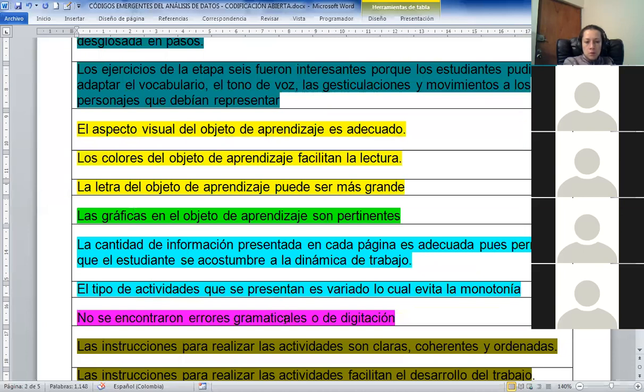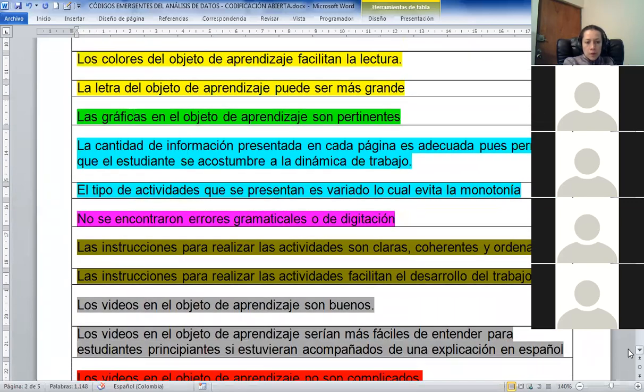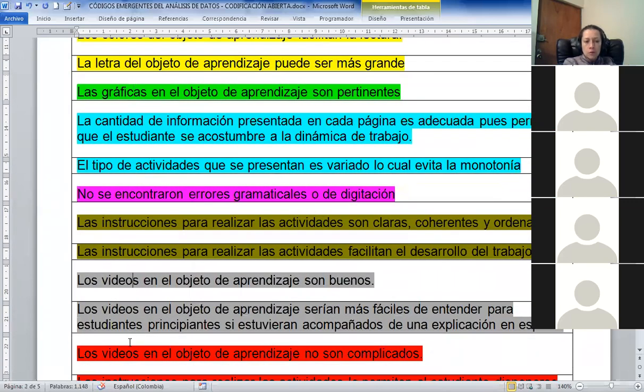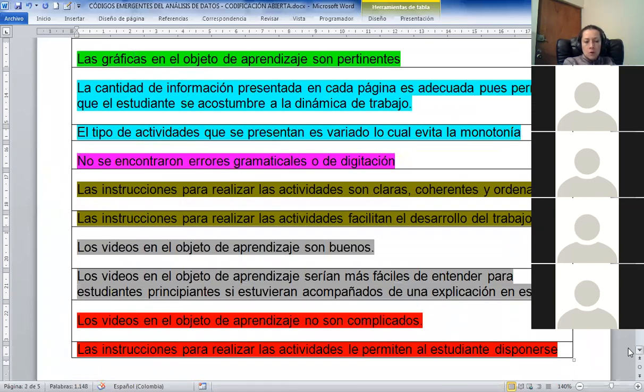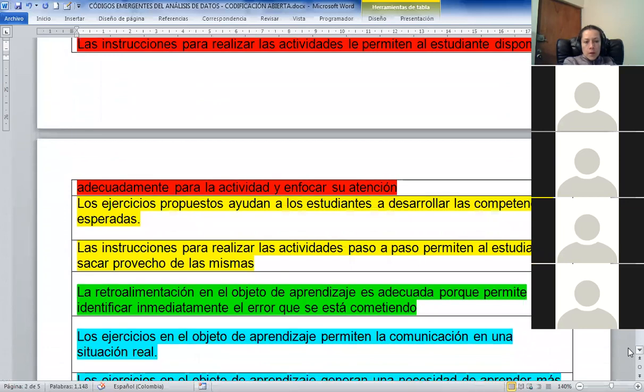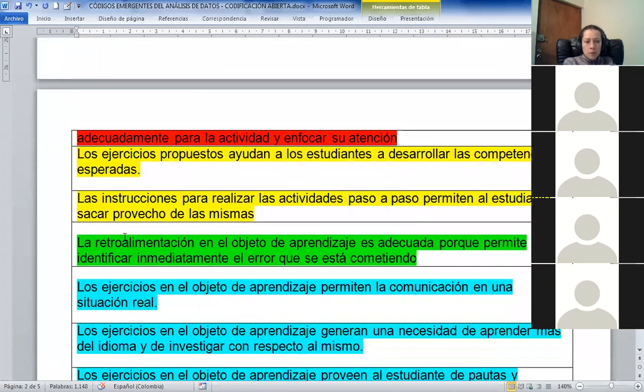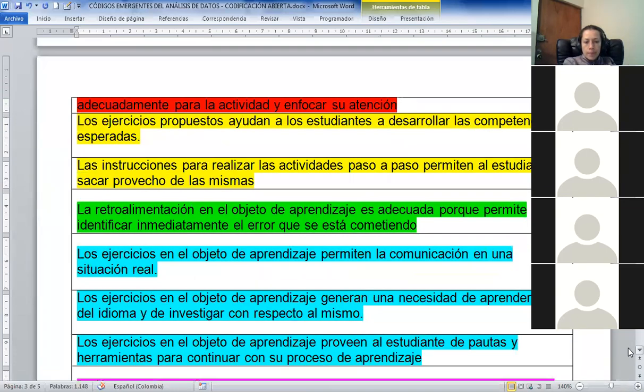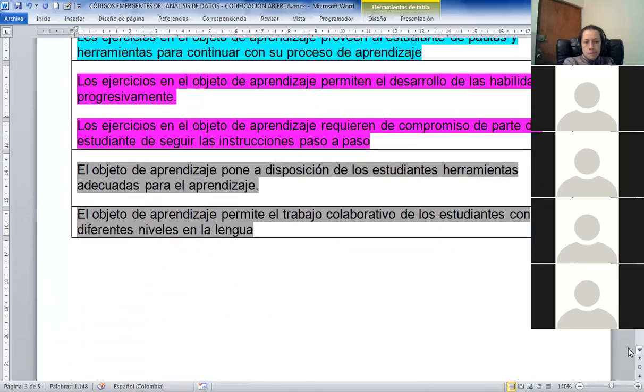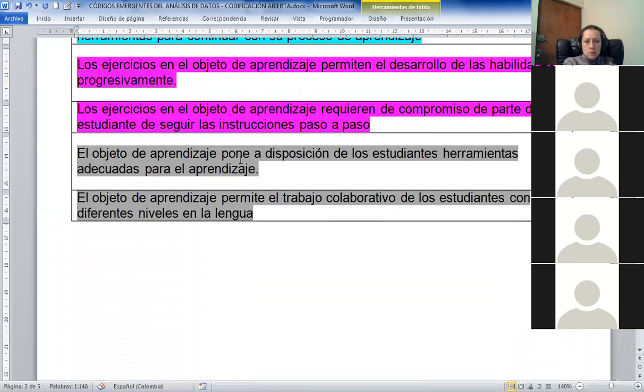This is about grammar or typing mistakes, instructions, again videos, exercises, instructions, feedback, exercises. This is a general evaluation of the learning object. This the last two.